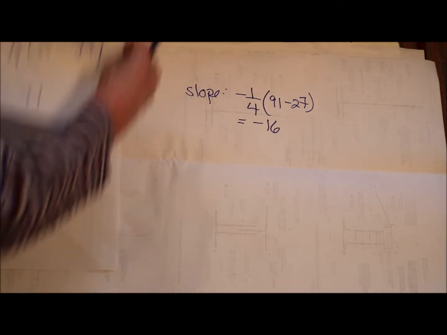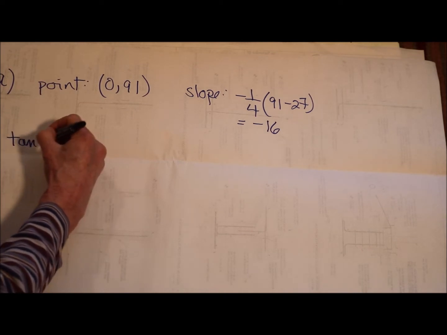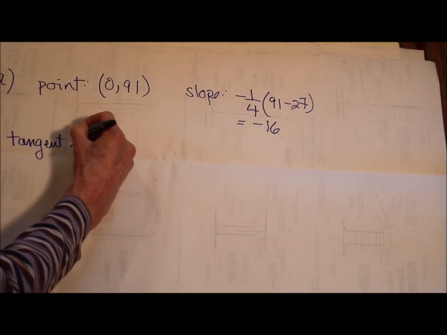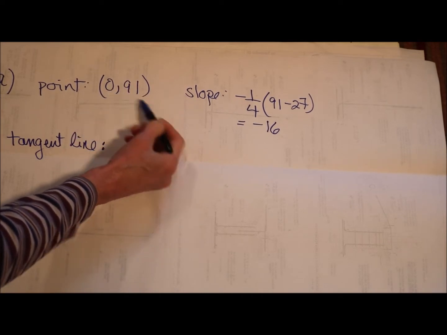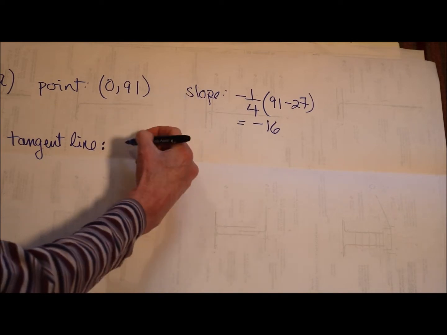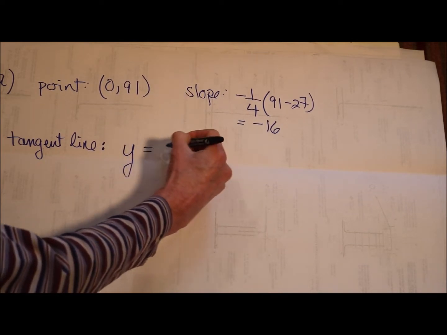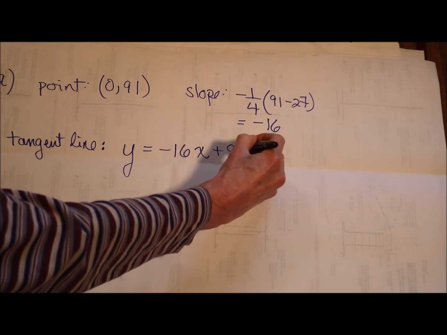Okay, so my tangent line, and you want to label this all clearly. Write the words tangent line. No need to find the y-intercept. You can just use point slope, but this is the y-intercept. So y equals negative 16x plus 91.